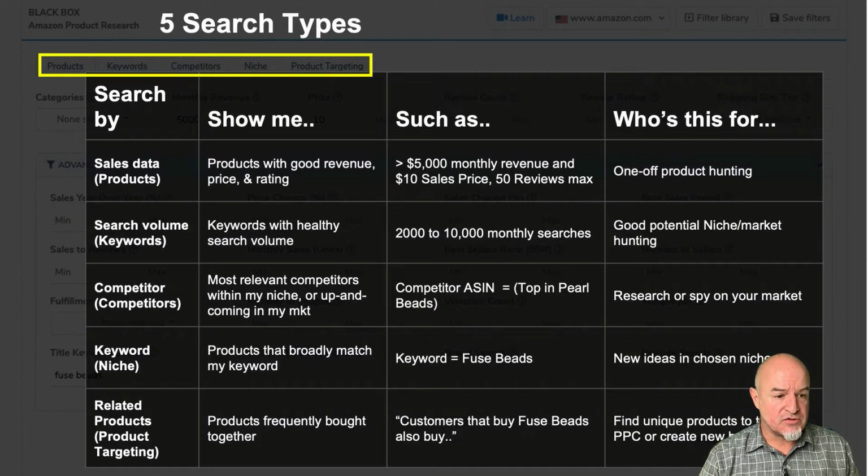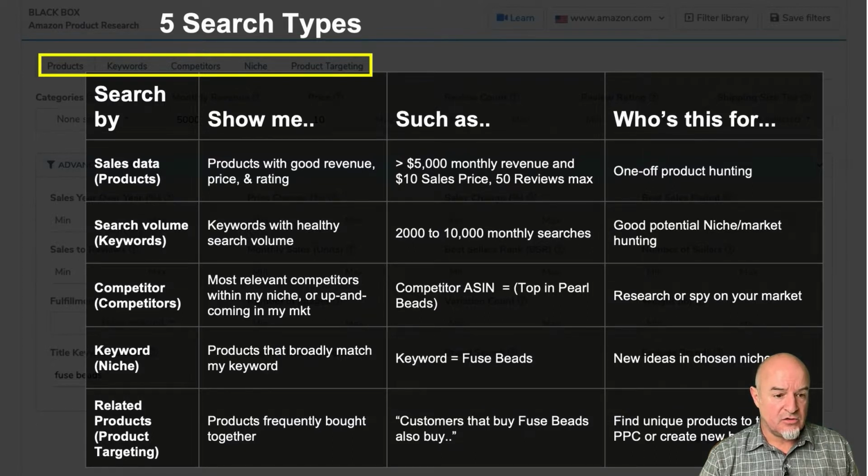So you could search for products such as, I want to look for everything in the catalog under the arts, crafts, and sewing category with $5,000 monthly revenue minimum and a $10 sales price minimum with 50 reviews max.